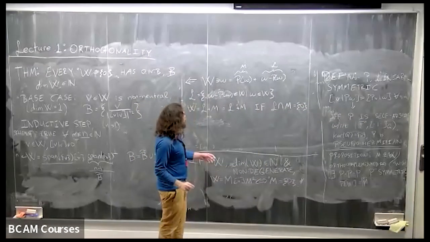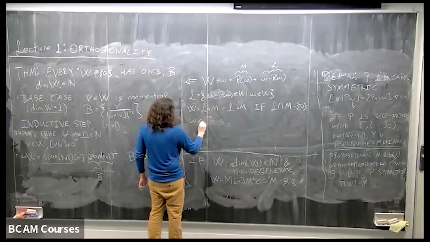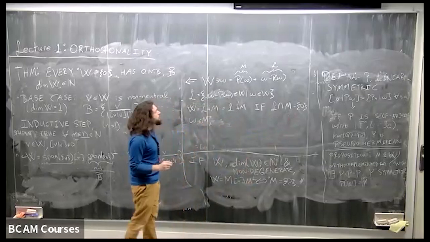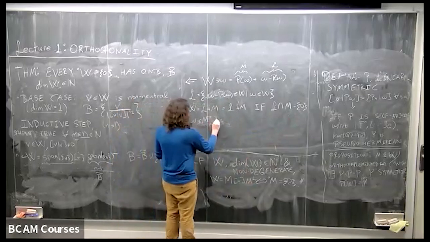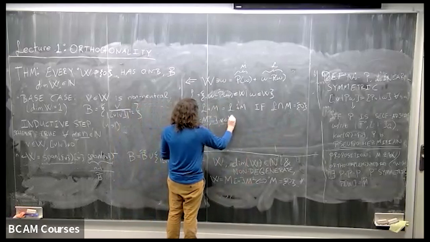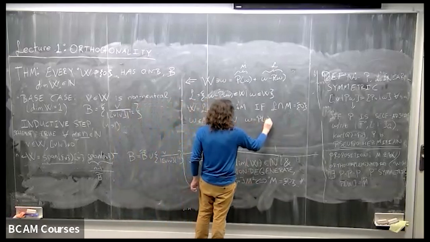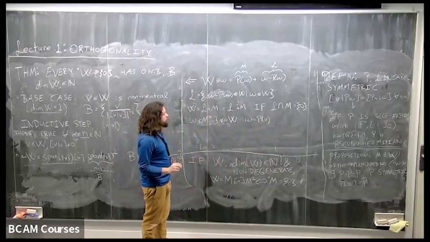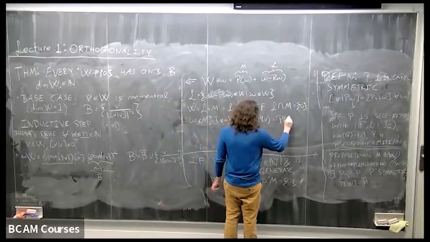To verify that, let's assume that I have a little w in L and M. Since M is the image of the projector, there exists v in W such that w is P of v. Then P of w is equal to P of P of v, which is P of v.